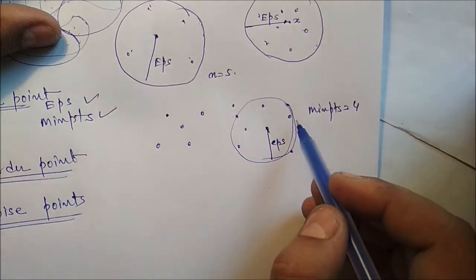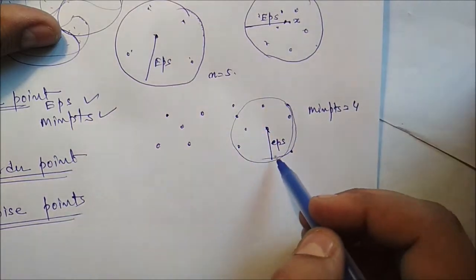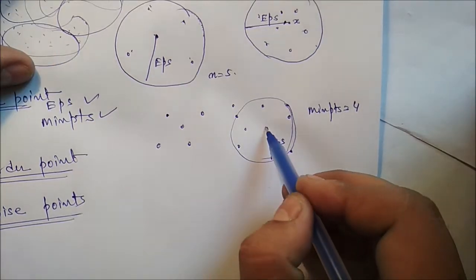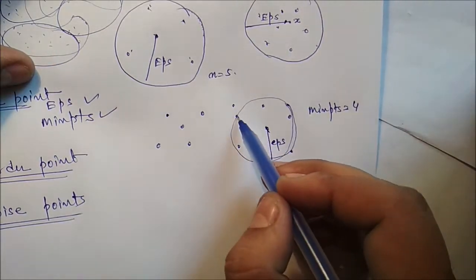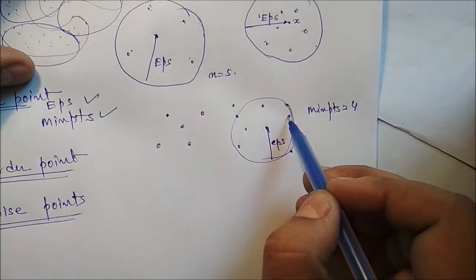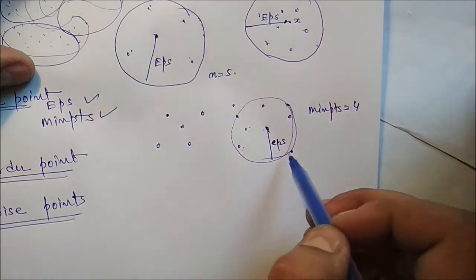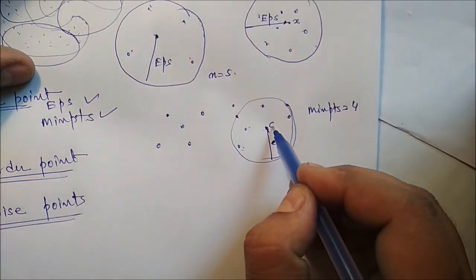If within a region the number of data points is more than 4, then we can assume it is a core point. So how many data points are there? 1, 2, 3, 4, 5, 6 and 7. So this is a core point.